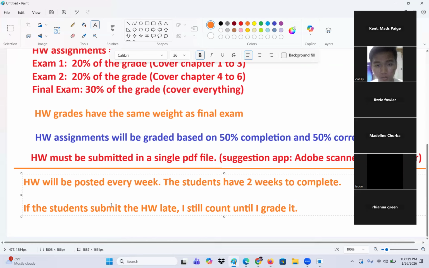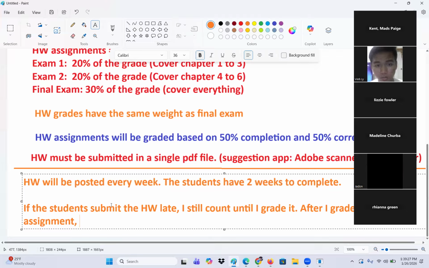After I grade the homework assignments, if the students submit, I would take away like a 10% penalty. So there is a 10% penalty.